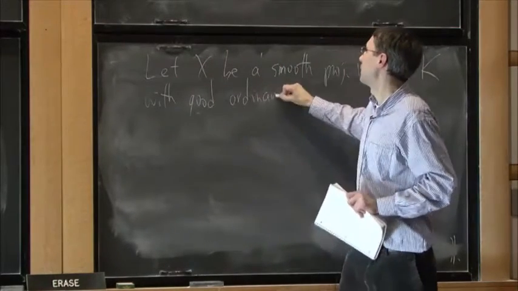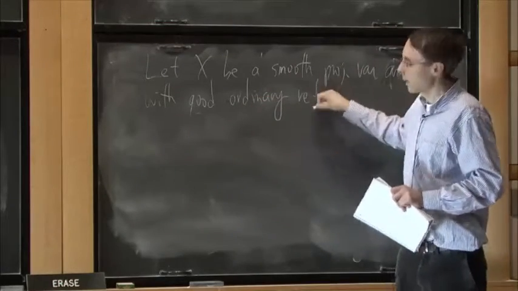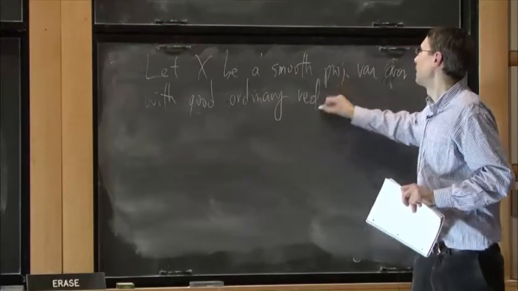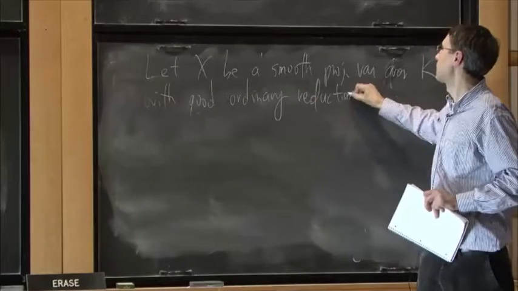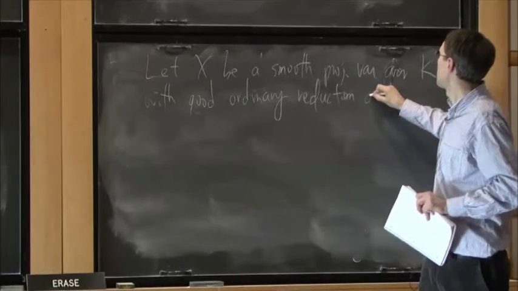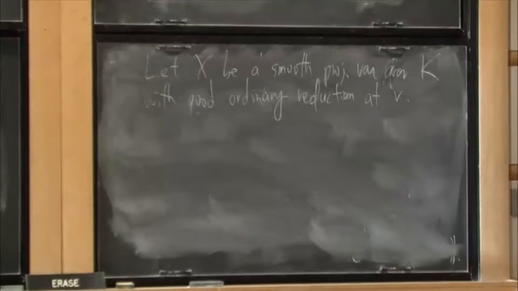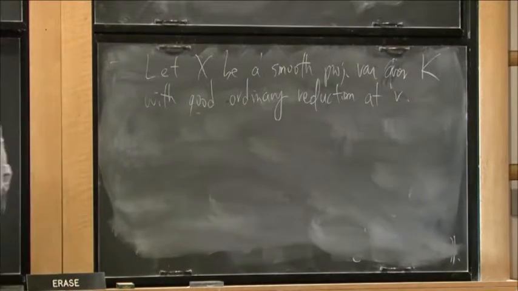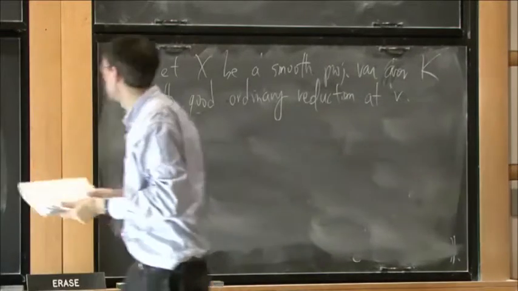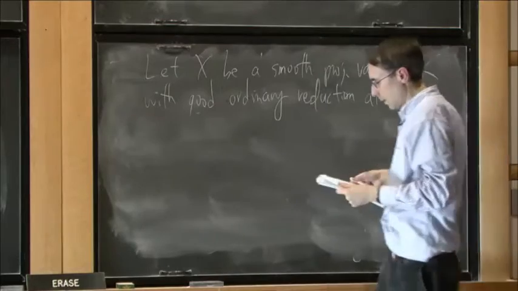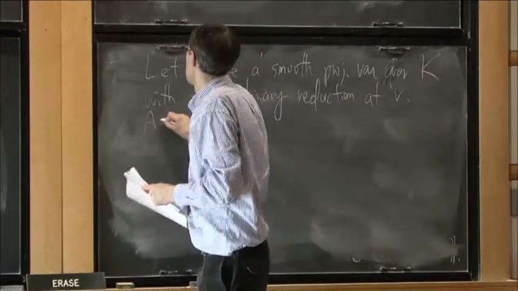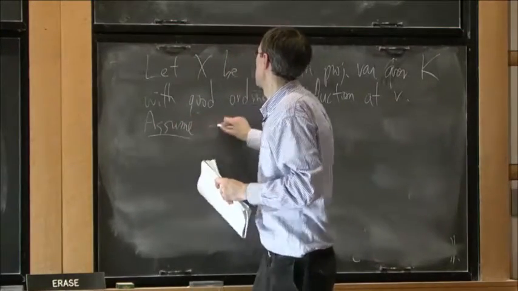So all the eigenvalues of Frobenius have the same p-adic absolute value on each group H^i of V, so to speak. So it's really a smooth projective scheme over the ring of integers of this field.